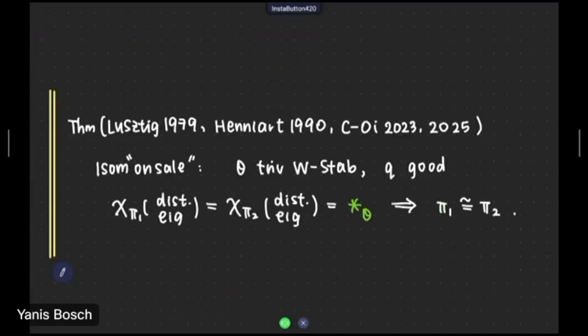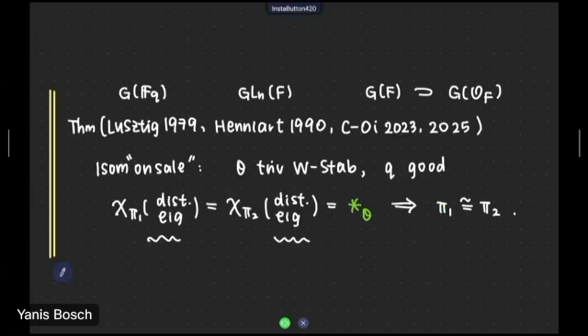Okay. So I wrote lots of attributions here. The first time this was studied, or observed, was maybe by Lusztig in 1979 for the general case of G of FQ. In 1990, for p-adic GLN, this was studied by Guy and Yart.